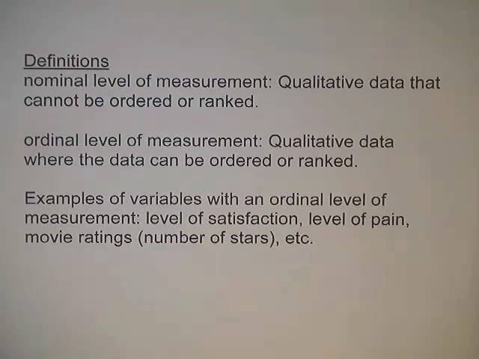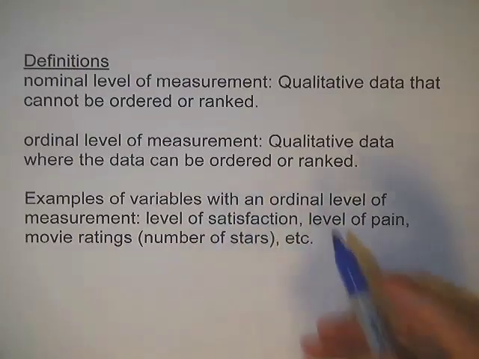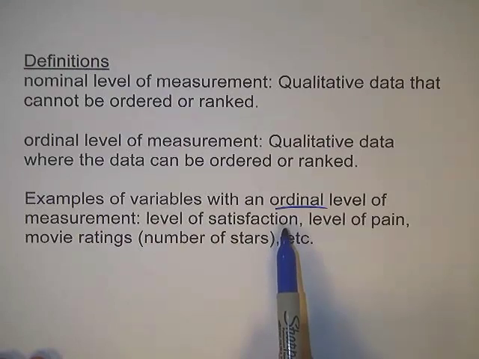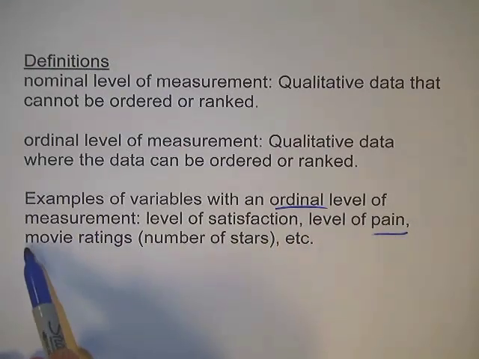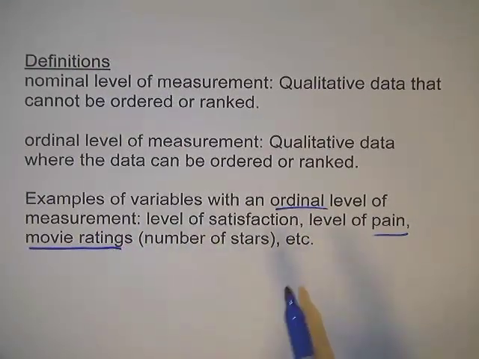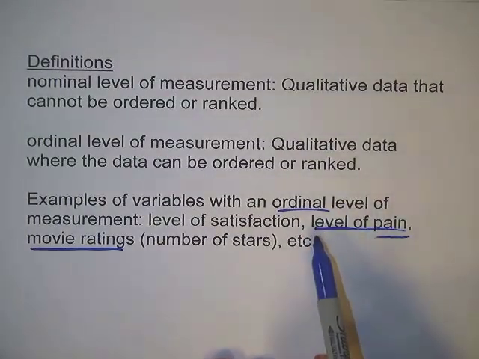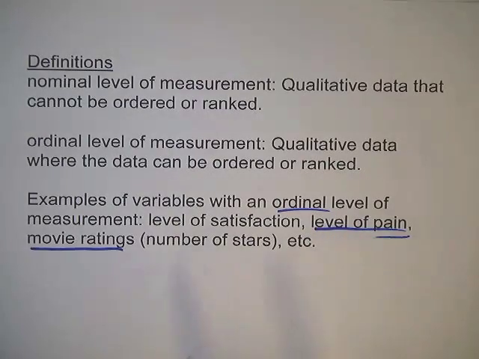Now, the ordinal level of measurement is qualitative data where data can be ordered or ranked. Some examples of variables with an ordinal level of measurement are level of satisfaction, level of pain, and movie rating, so the number of stars. You can rank if you're dealing with level of pain. If you're doing level of pain on a 1 through 10 scale, and a bunch of people answered 9s and a bunch of people answered 3s, you can tell that those 9s are bigger than the 3s.